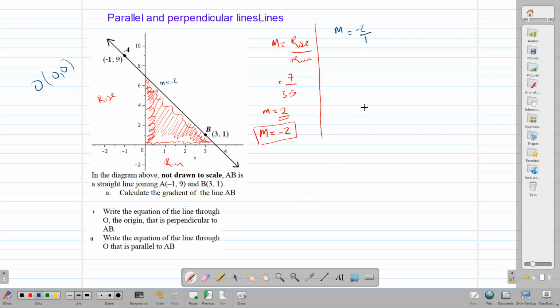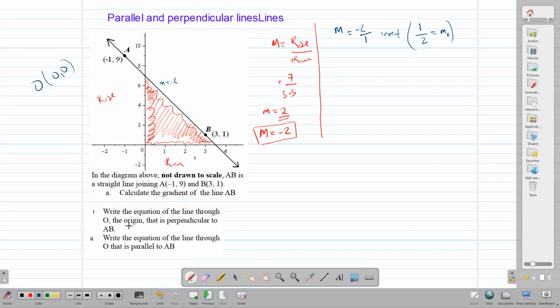We are going to invert it, so it becomes 1 over 2, and then we change the sign from negative to positive. So here we have our new gradient, m2. This is the gradient of this line, and this will be the gradient of any line perpendicular to it. Once we know that, we can write down the equation of our line.